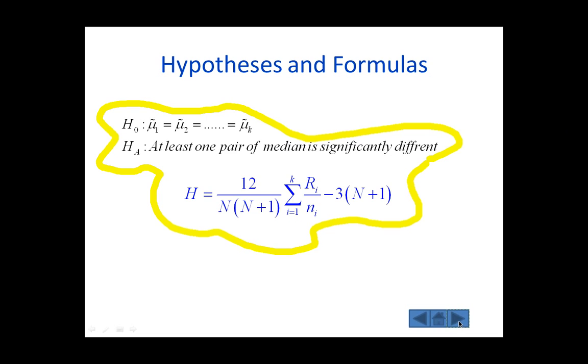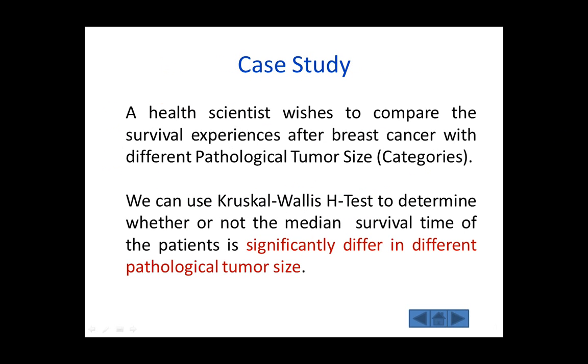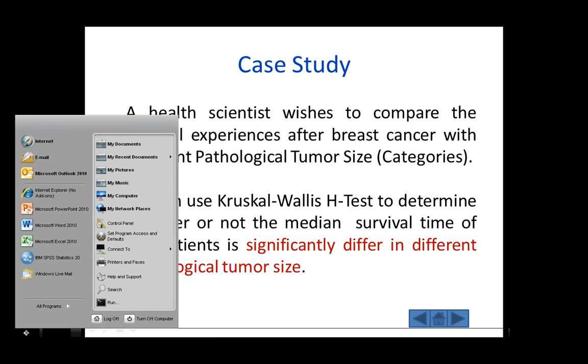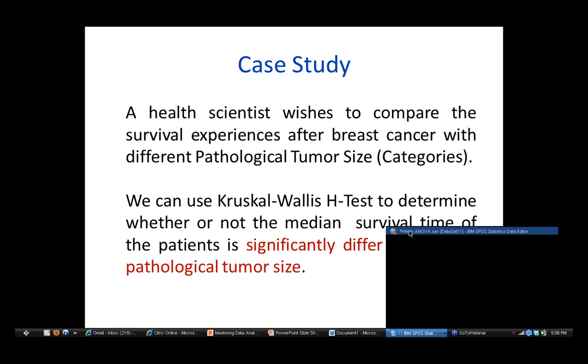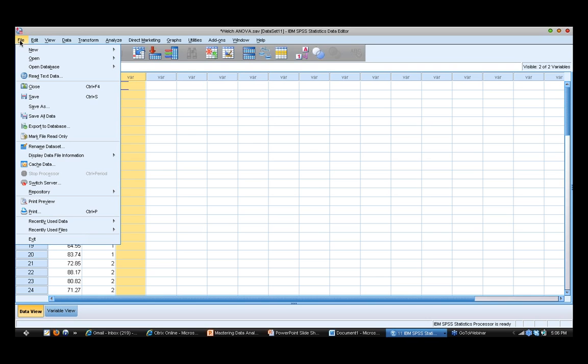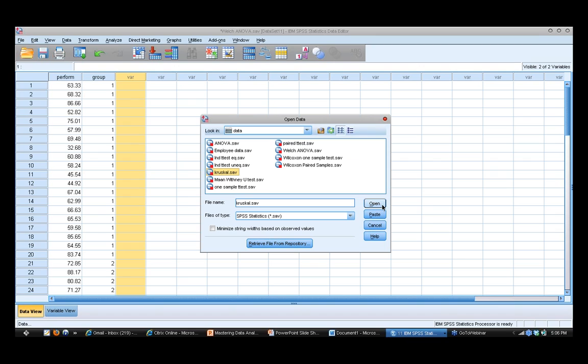And we are going to discuss another case study. A health scientist wishes to compare the survival experience after breast cancer with different pathological tumor sizes. If normality is not there, then we will apply the Kruskal-Wallis test. And this information is available in a file with the name kruskal.sav.